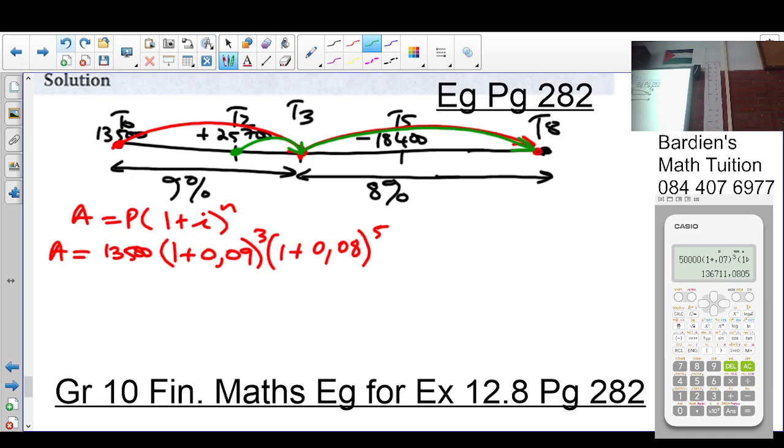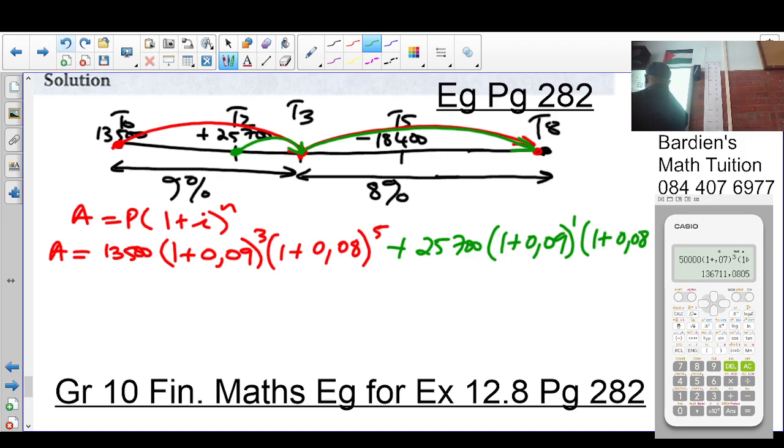So what do we say? Plus or minus? Plus 25,700 into, people settle down, into 1 plus 0.09 to the exponent 1 into 1 plus 0.08 to the exponent. You guys got it?